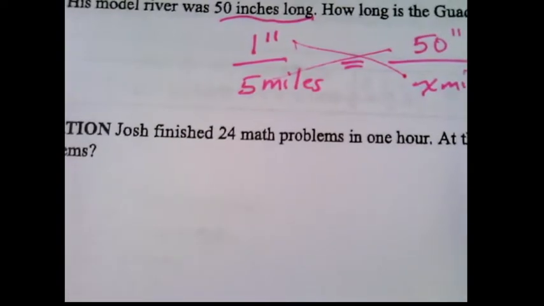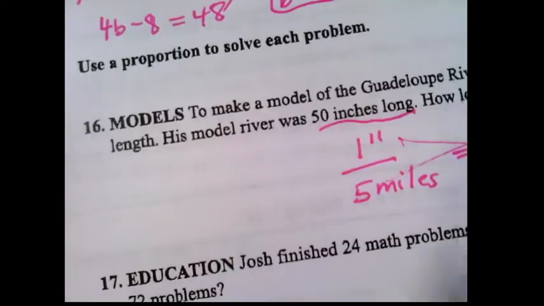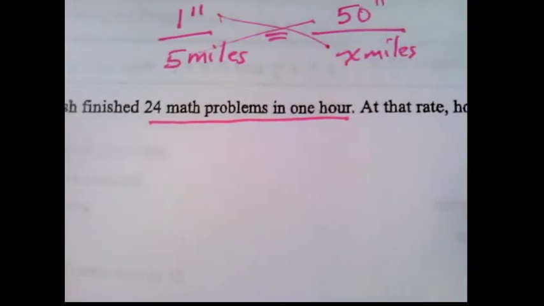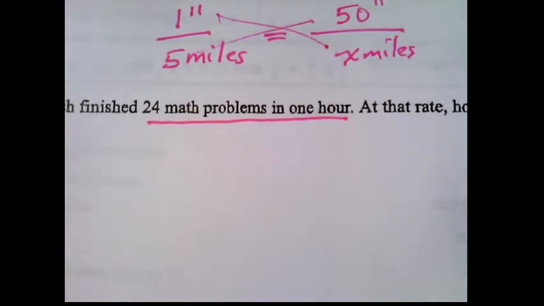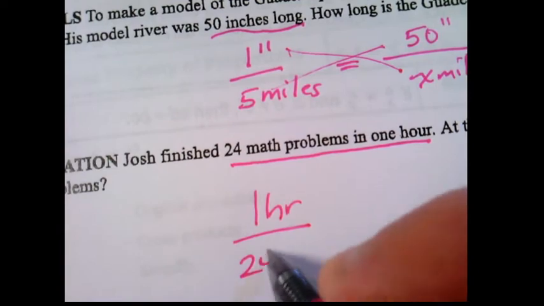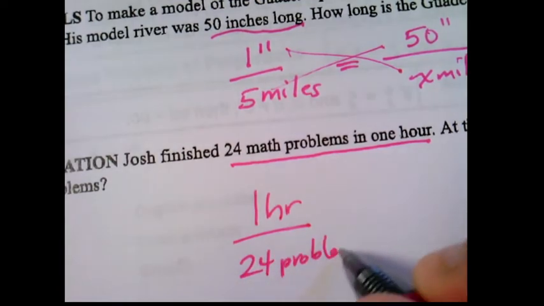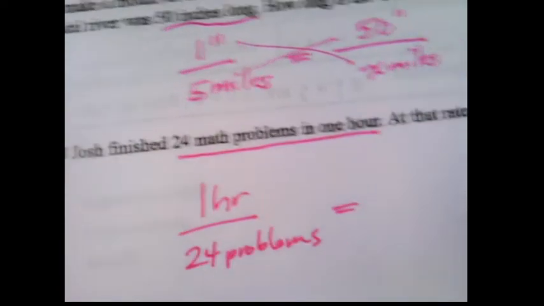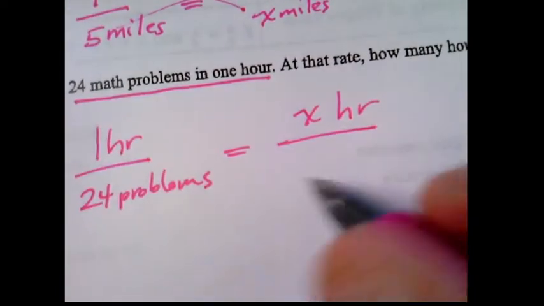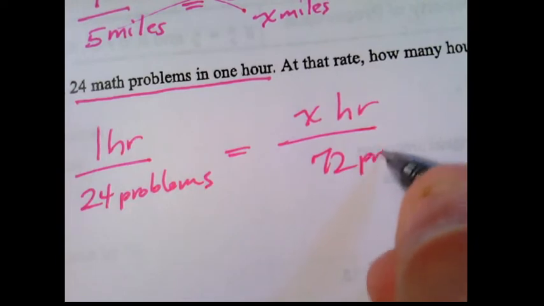All right, very last one. Josh finished 24 math problems in 1 hour. So that's important. Okay. At that rate, how many hours will it take him to complete 72 problems? Well, if I do 1 hour is 24 problems, that will equal how many hours to get 72 problems?